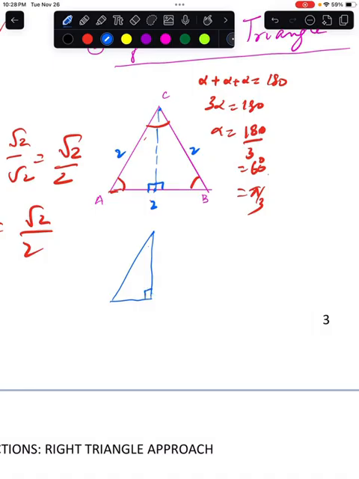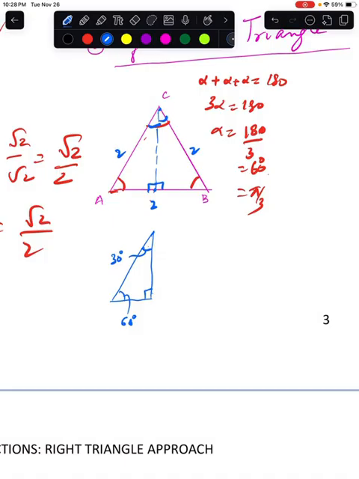This angle didn't get disturbed, so this is still 60 degrees or pi over 3 radians. But the angle at the top got bisected, or divided into two equal pieces. So it was 60 degrees, which means each piece, this and this, is 30 degrees. So this is 30 degrees or pi over 6.